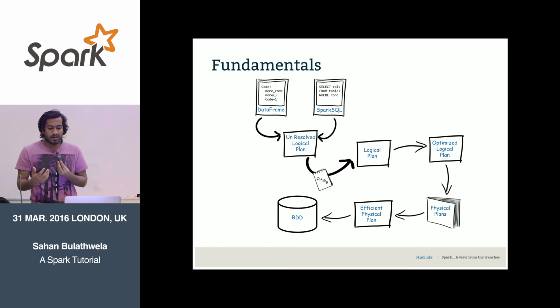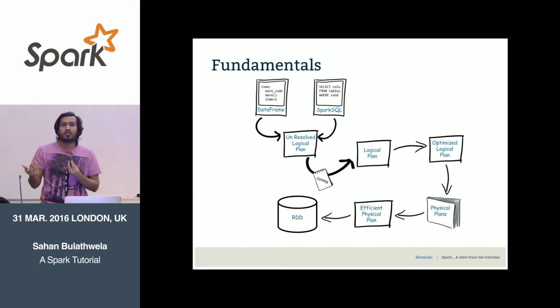Based on that, it runs a bunch of cost models and figures out, okay, I have these different plans to execute this particular transformation, but based on my cost models, one of them is the most efficient, least cost approach. Then it finally comes up with the efficient physical plan which it executes, and that is how it ultimately gains that computation efficiency.